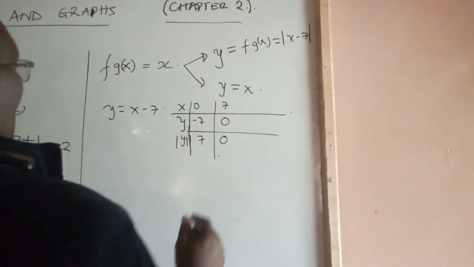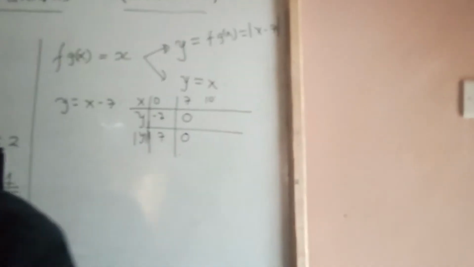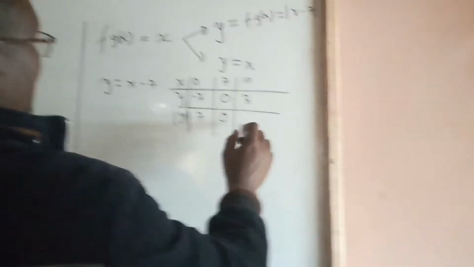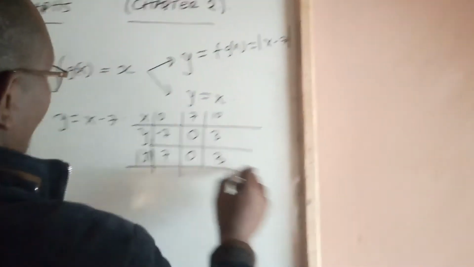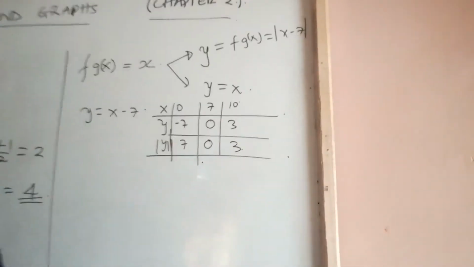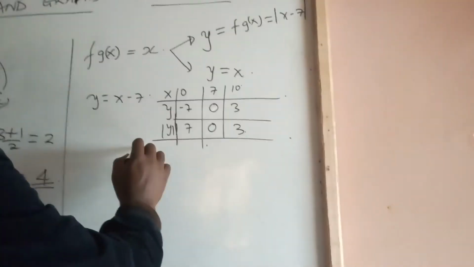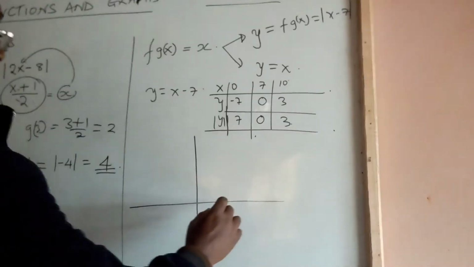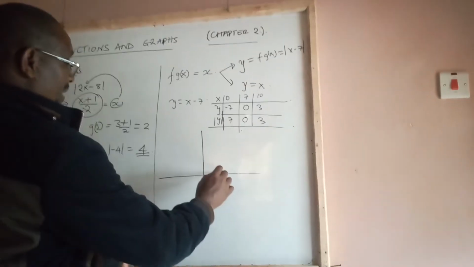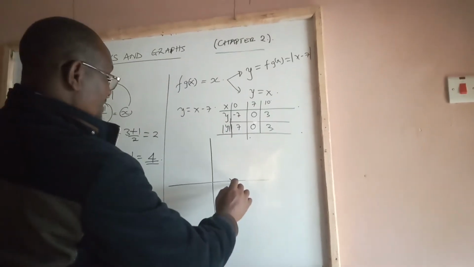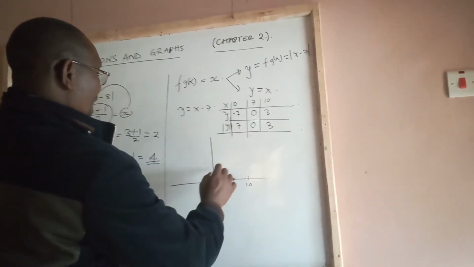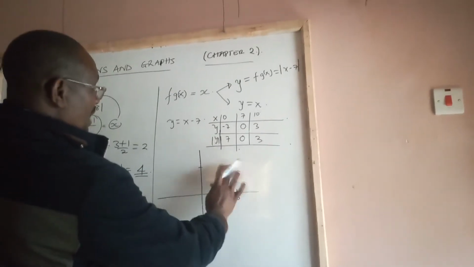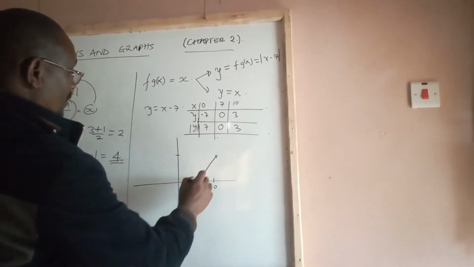But let's see, when x is probably 10, what happens? y is supposed to be 10 minus 7, which is a 3, and the modulus of 3 is still 3. If we sketch this graph, when x is 7, y is 0. When x is 10, y is 3. So we are going to have a line that moves that way.